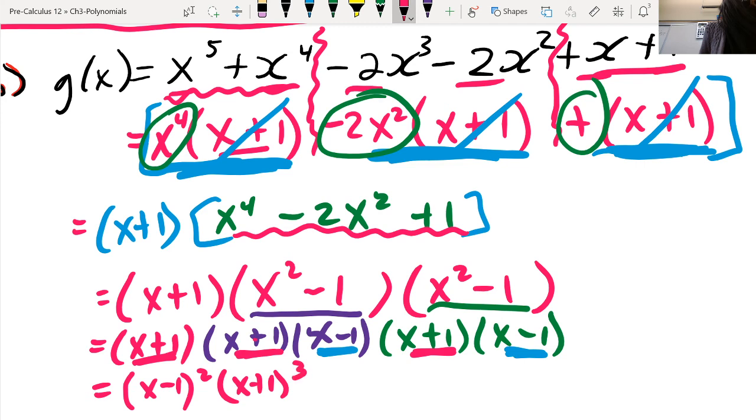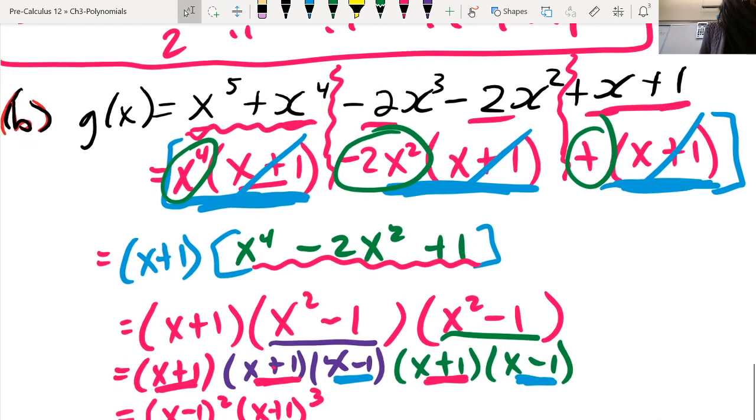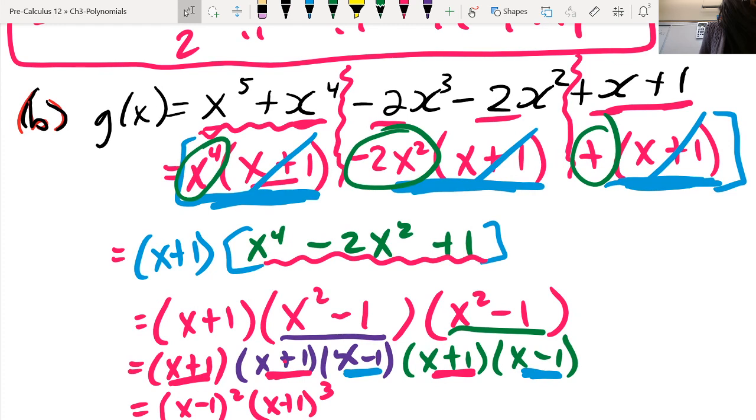And just a quick tip or a hint, because I have so many things to keep track of, I highly suggest the different colors or the underlining or the squiggly lines, whatever. All of these are organizational things that I do to keep track of things, because in all these years of teaching, what I have noticed is that a lot of students know how to do the math, but they just forget they left off an x plus 1, or they forgot a negative here.